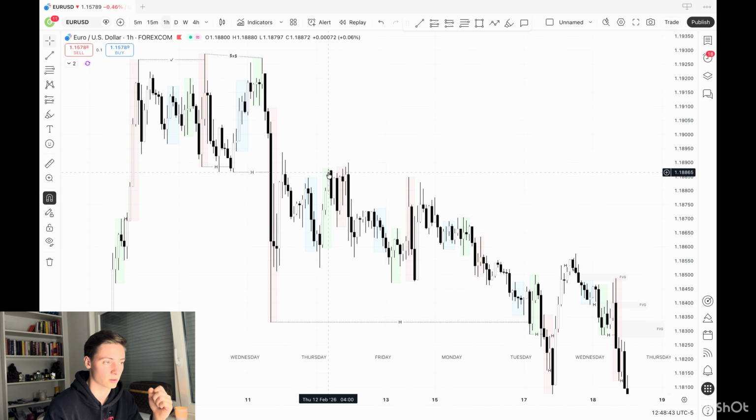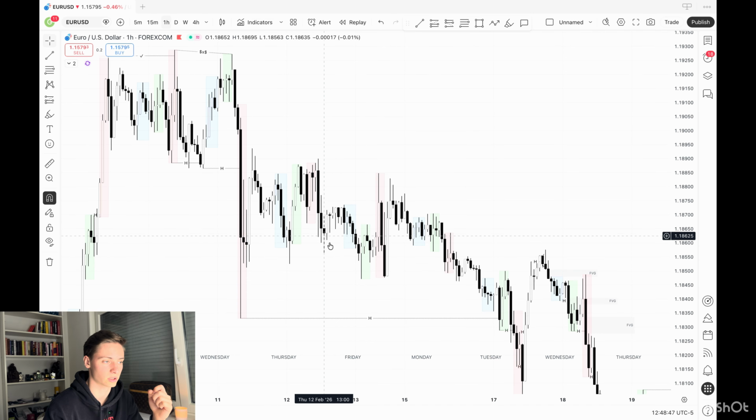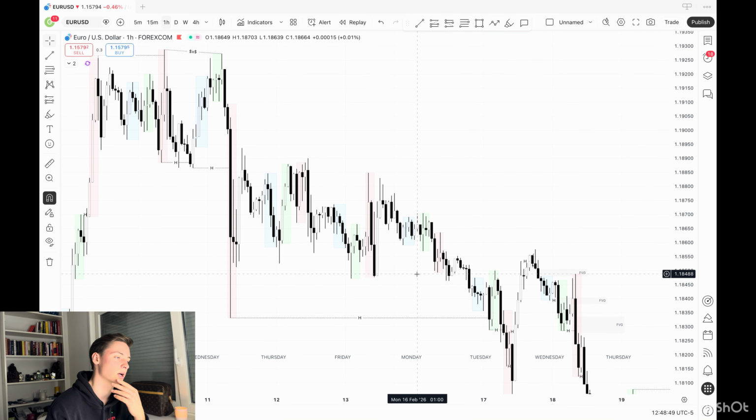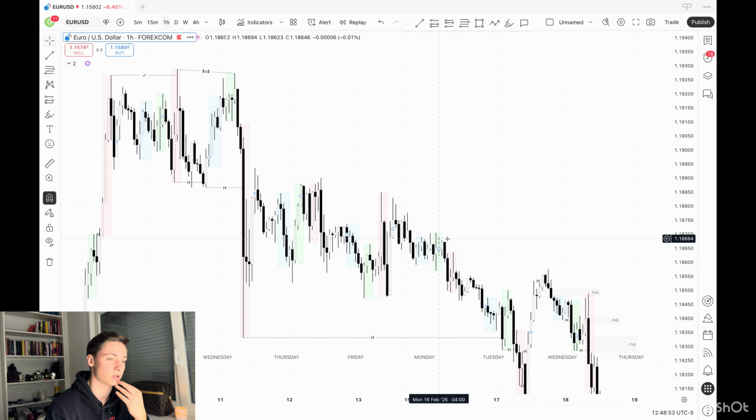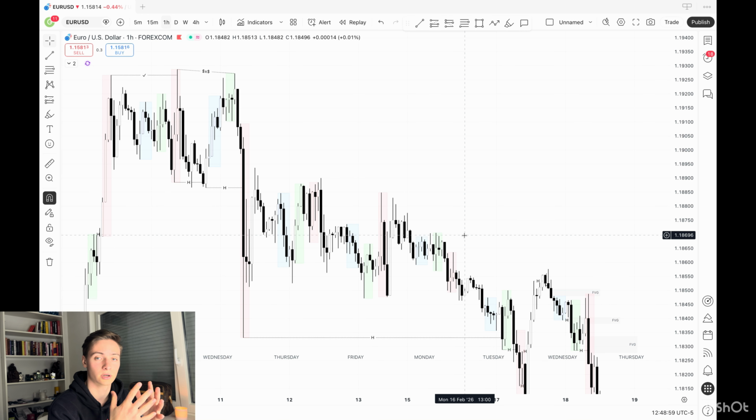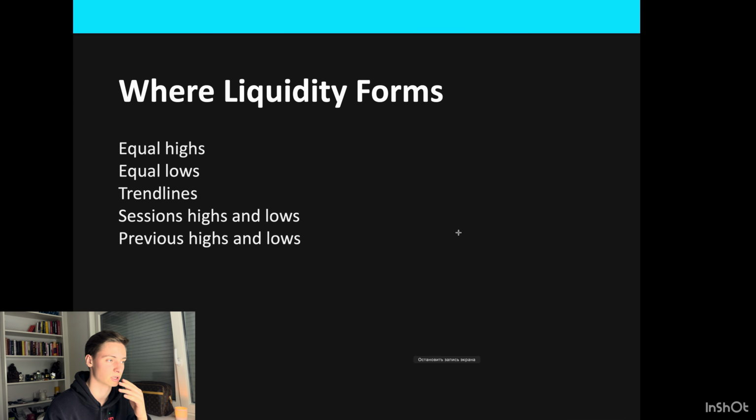Then New York comes out, liquidates London, goes in another direction, and you can see that a lot of the time it plays out. If you can add this to your strategy and use it with your strategy, it is really powerful, I would say.